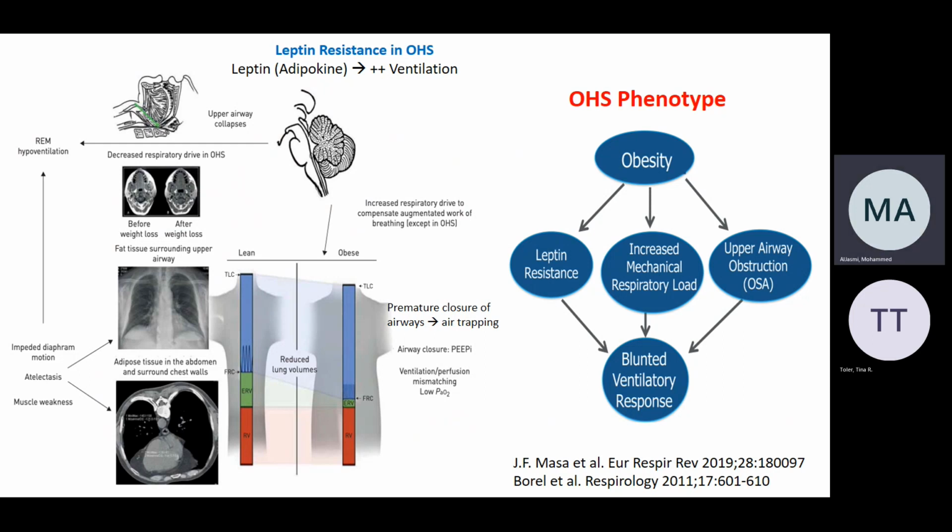I'm not talking here about medications or anything, but even in obesity hypoventilation, they have some kind of leptin resistance, and leptin is one of the hormones that works to increase your ventilation at night. And when you have a resistance to that, similar to the analogy with type 2 diabetes, your ventilation will drop at night.